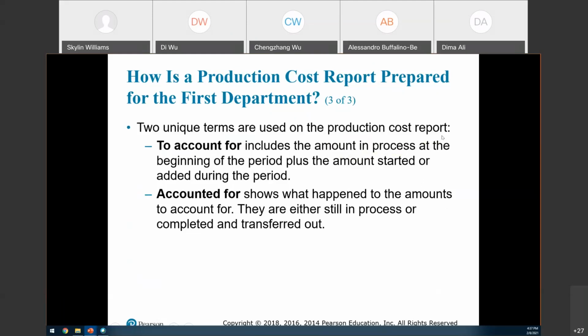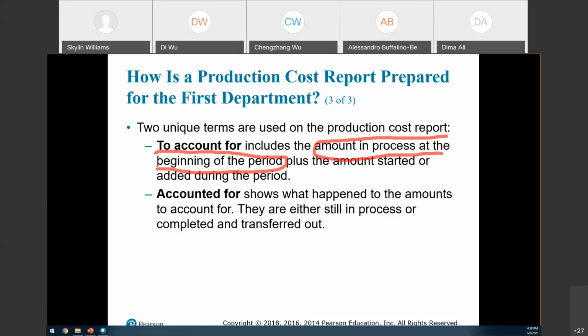First, the amount in process at the beginning of this period, as you learned in financial accounting class, is equivalent to the amount in process at the end of the previous accounting period.